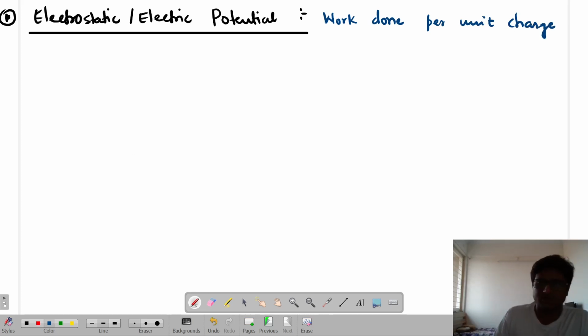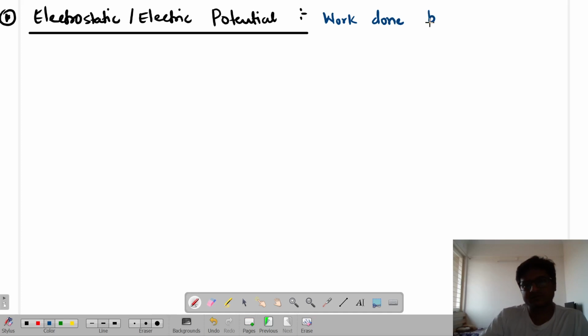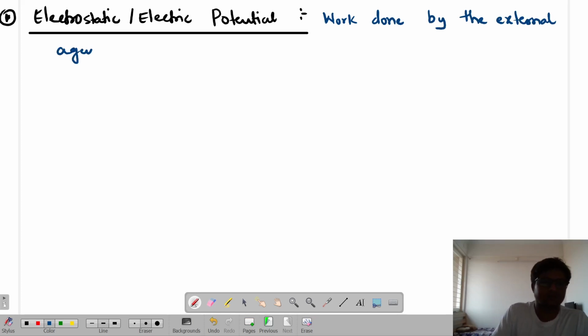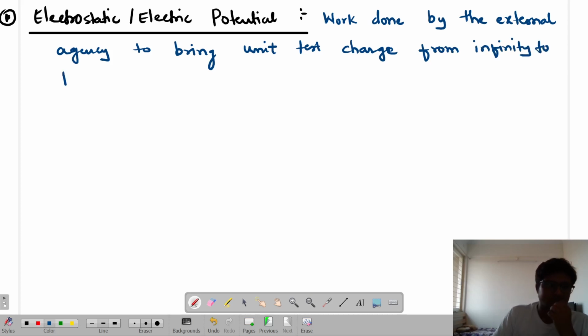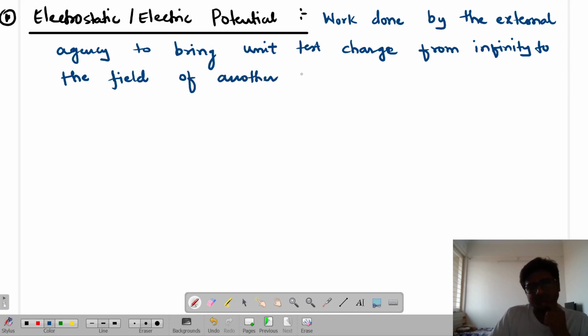Let me write a better definition: work done by the external agency to bring a unit test charge from infinity to the field of another charge very slowly.